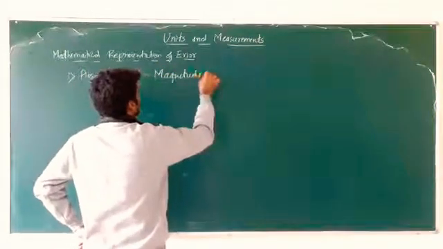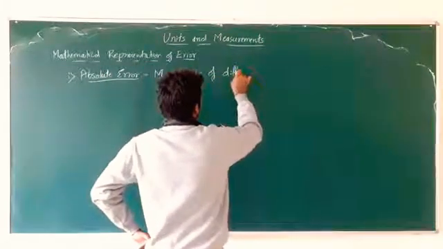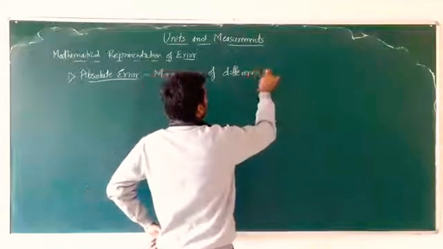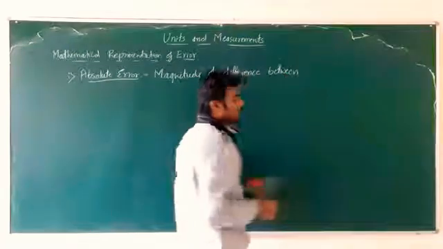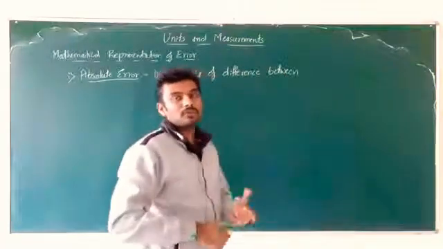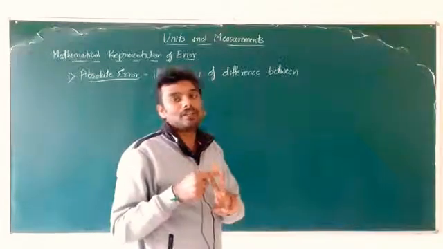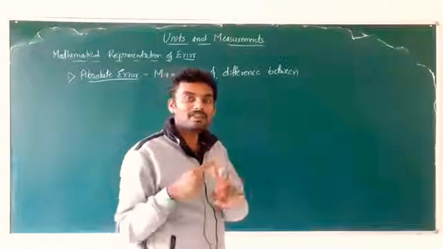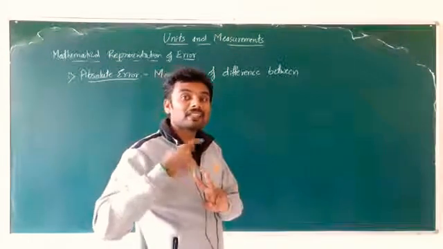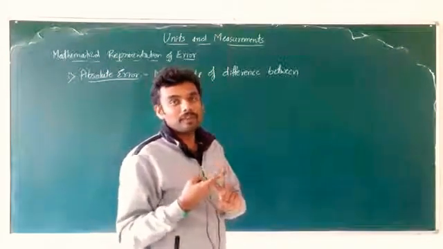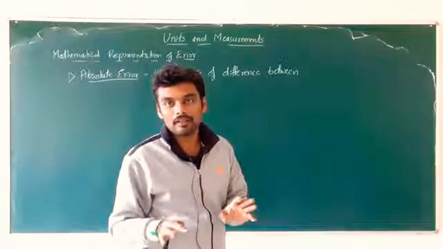of the difference between which two values? One is the measured value and the true value. What we measure will have error. How do we get that? By comparing it with the true value. If the true value and the measured value are equal, the same, then no error, right?